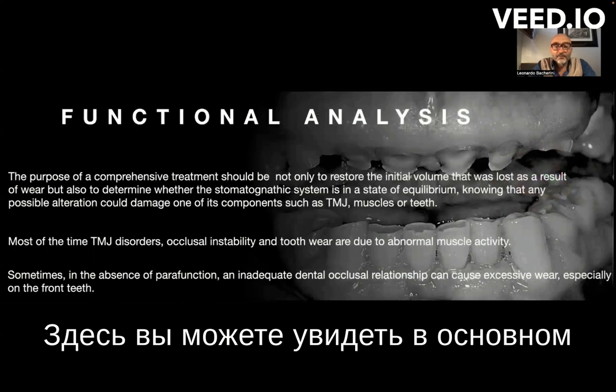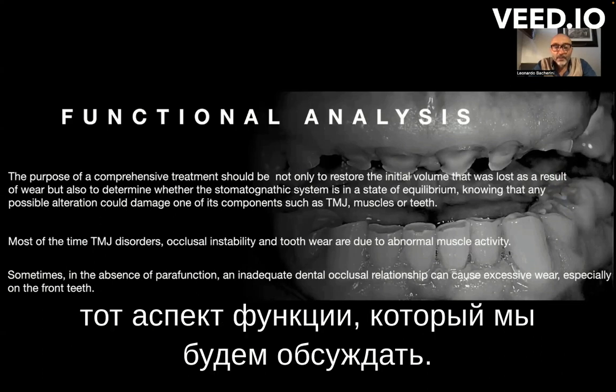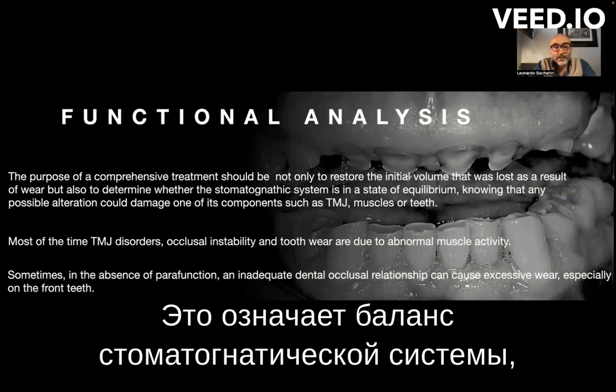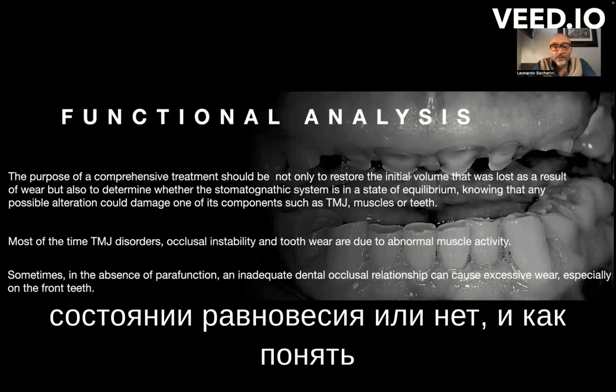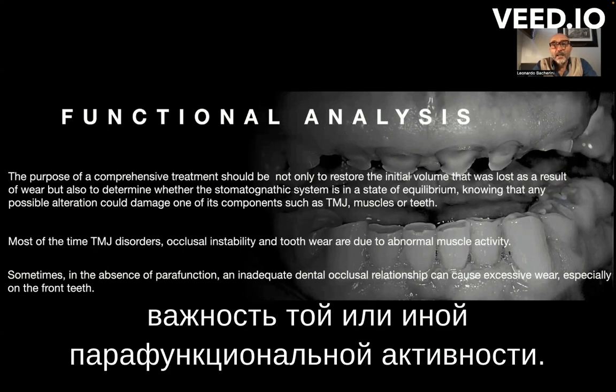Here you can see mainly the aspects that we will discuss about function. It means the equilibrium of the stomatognathic system, how to understand if the stomatognathic system is in a state of equilibrium or not, and how to understand the importance of some parafunctional activity.